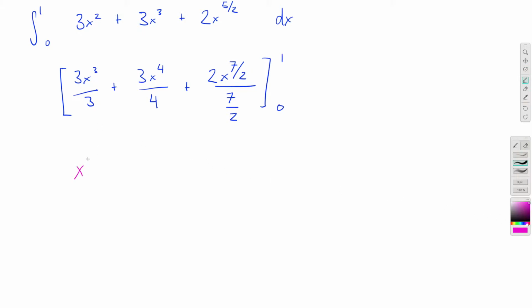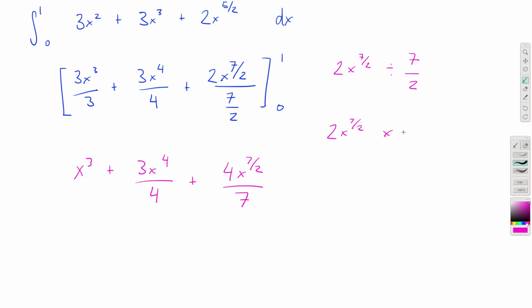So this is just x cubed plus 3x to the 4 over 4 plus 4x to the 7 on 2 over 7. The way you figure that out is because 2x to the 7 on 2 divided by 7 on 2 is the same as 2x to the 7 on 2 times 2 on 7, so you just get 4x to the 7 on 2 over 7. And then we're going from 1 to 0.